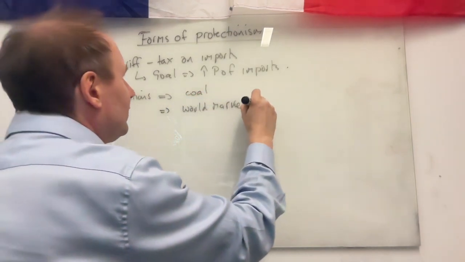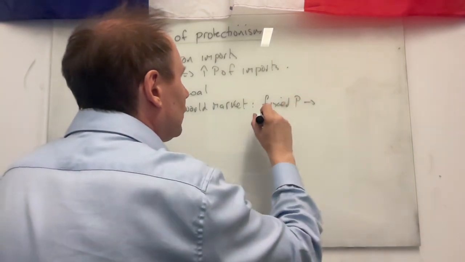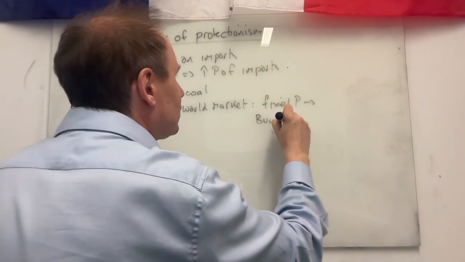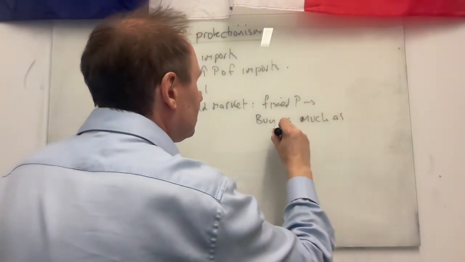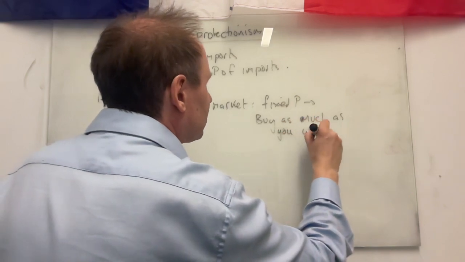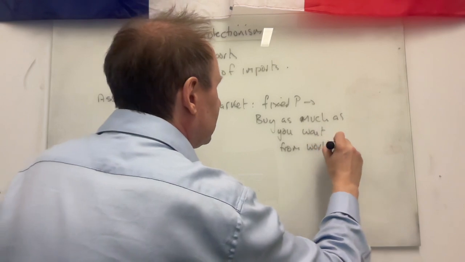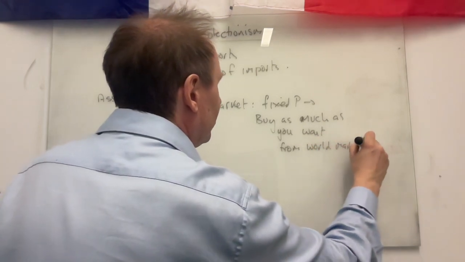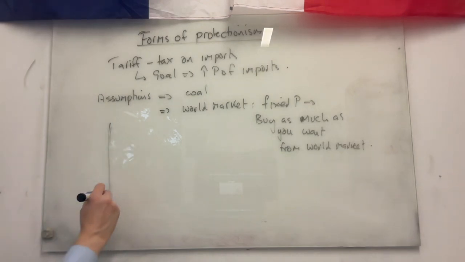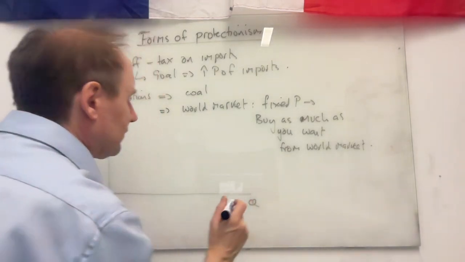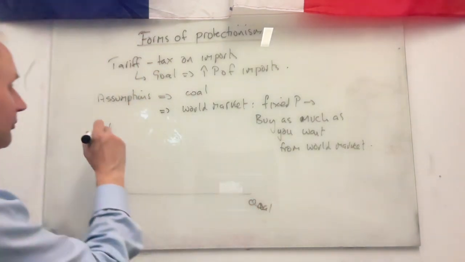In the world market, there is a fixed price initially, and you can buy as much as you want from this world market, and you can buy it at a constant price. You don't have to pay more if you want more of it. So if you look at the diagram, that's output of coal, here is the price of coal.